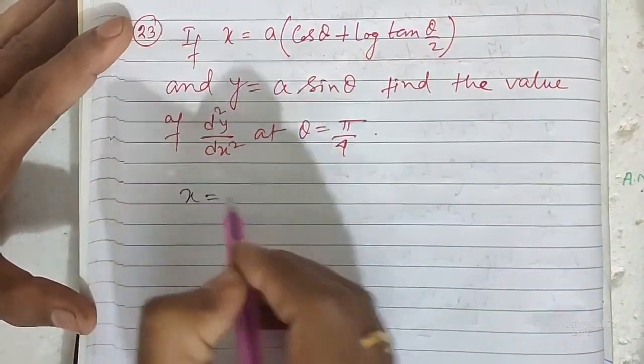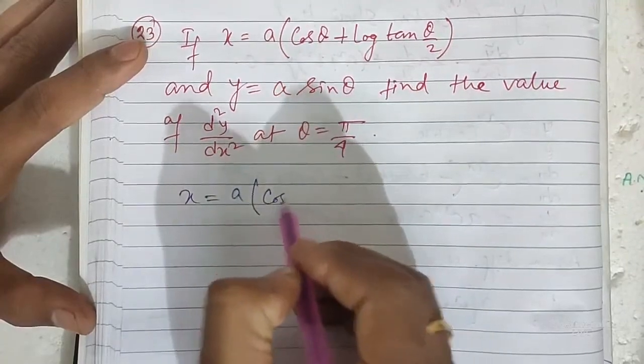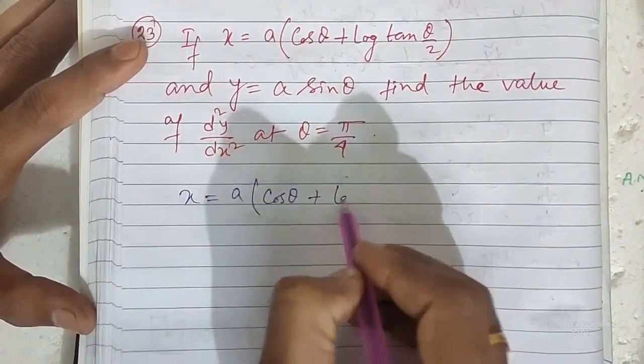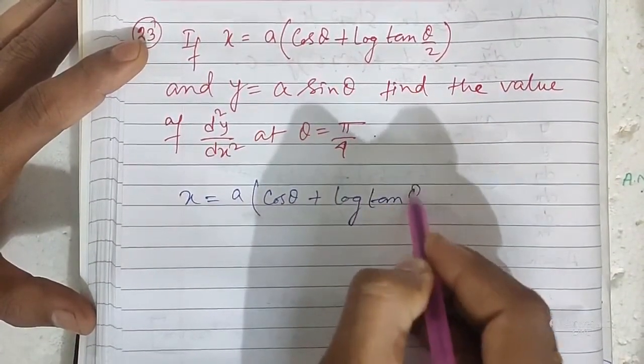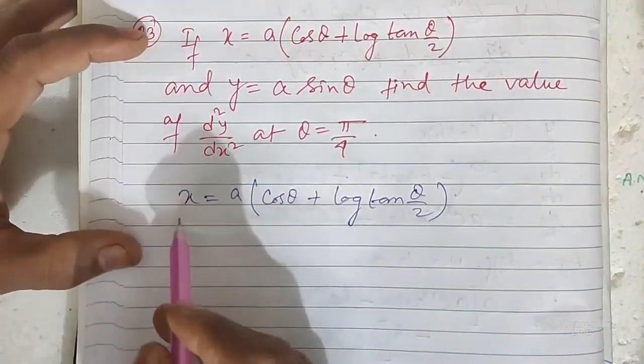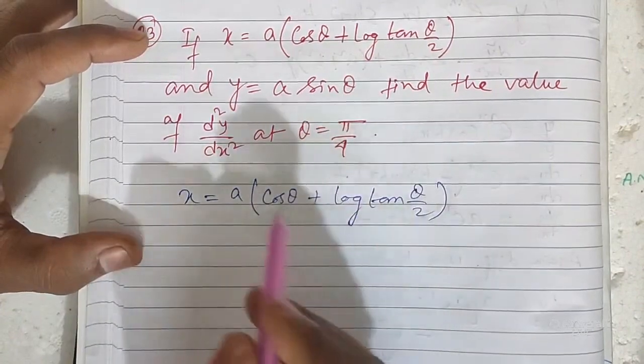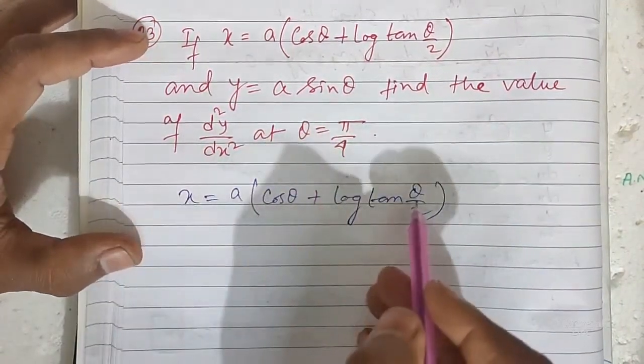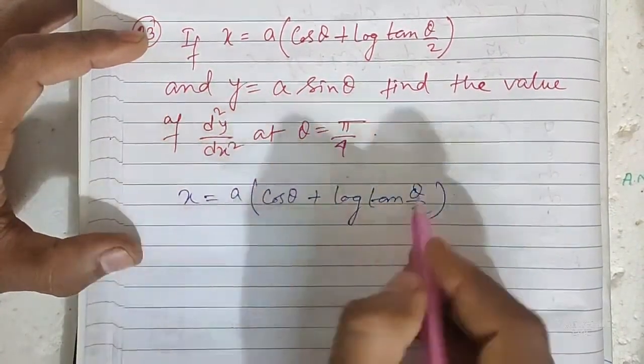Here the value of x is given in parametric form, that is, theta is involved. So if you differentiate this function on both sides, you have to differentiate with respect to theta, because on the RHS the variable is theta.